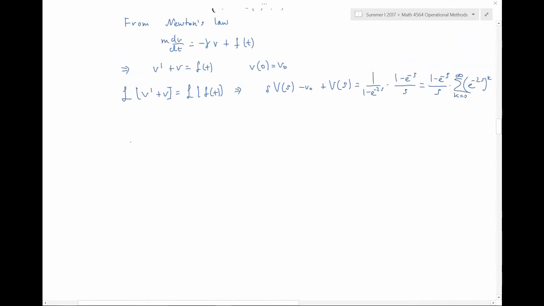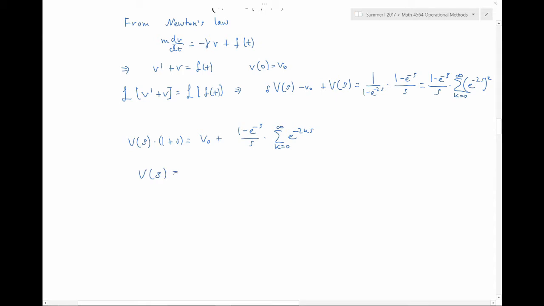Simplifying, this leads to v of s multiplied by 1 plus s equals v naught plus 1 minus e to the minus s over s times the summation of e to the minus 2ks when k goes from 0 to infinity.